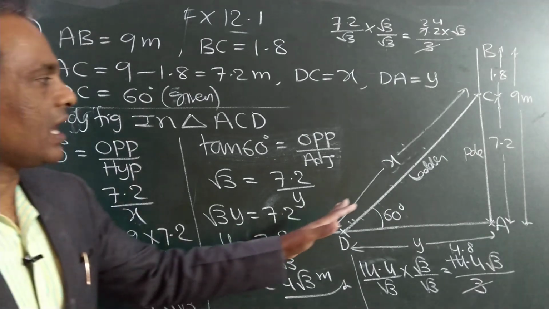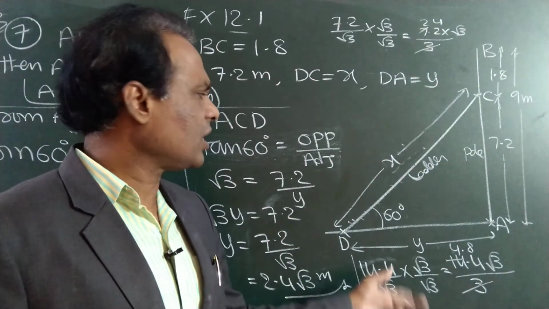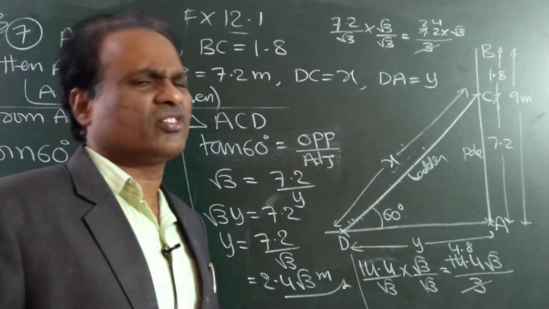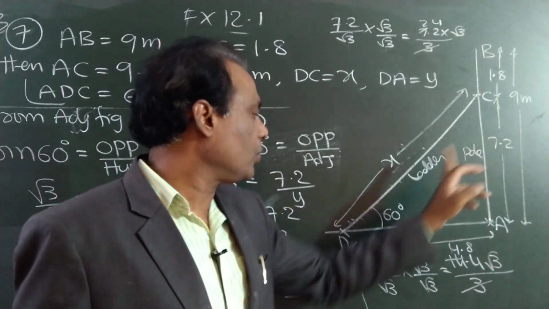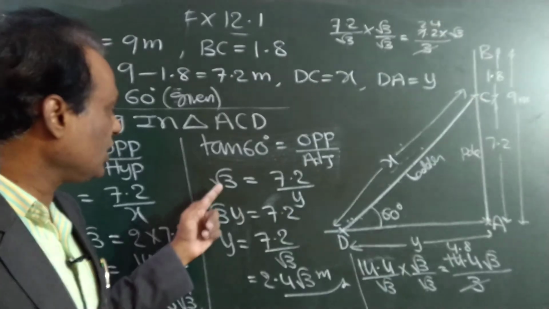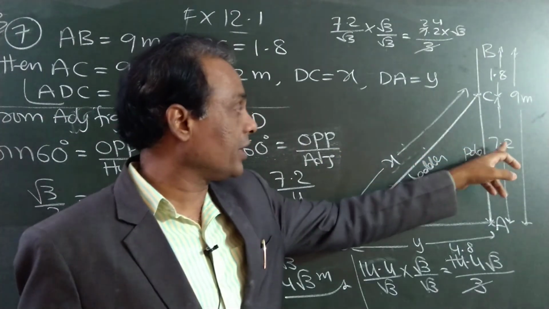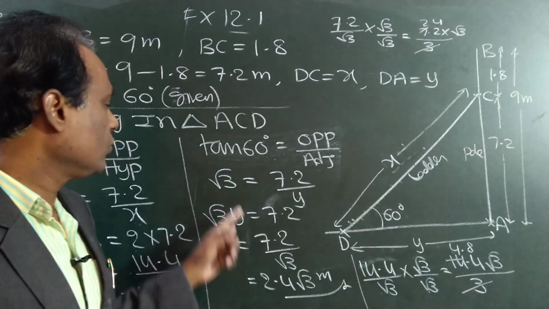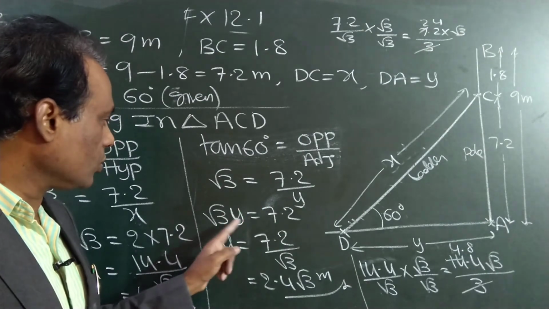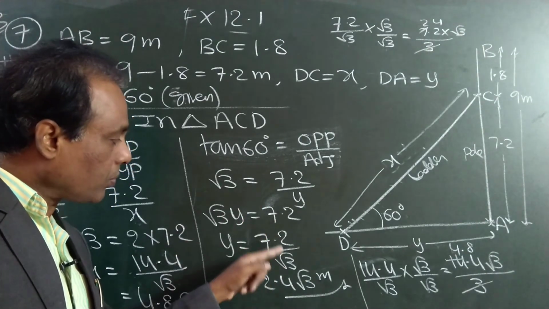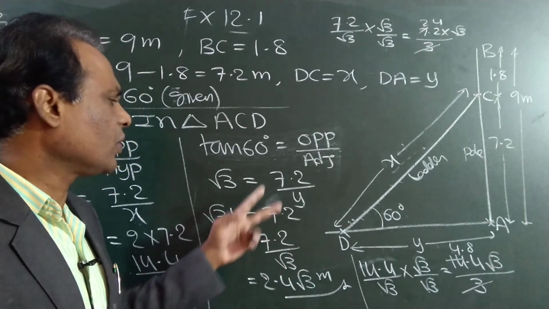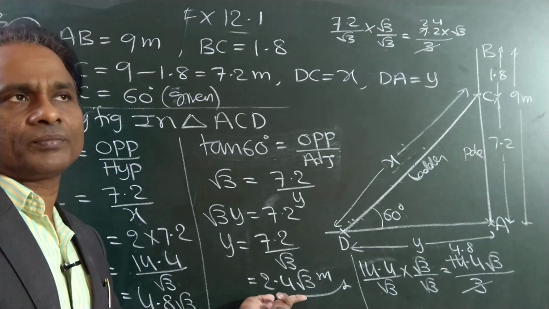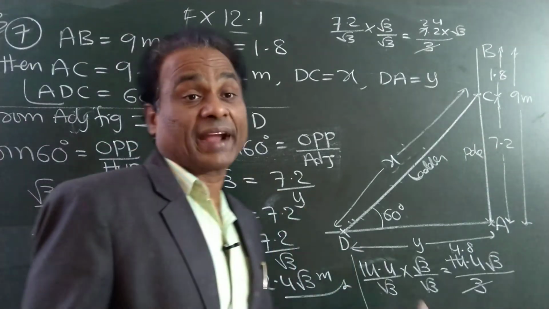Next, any other ratio you can use, even cos. I am using tan theta. Tan 60 is equal to opposite by adjacent. So tan 60 is root 3, opposite is 7.2, adjacent is y, so y root 3 equals 7.2 and y is 7.2 by root 3. That is the answer. We can leave it, or if you rationalize it, it will become like this. So copy this problem and practice it.